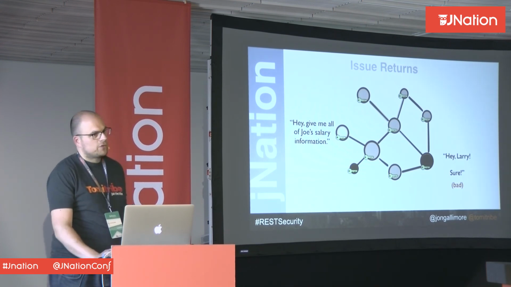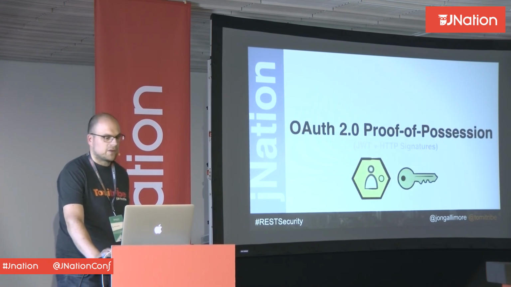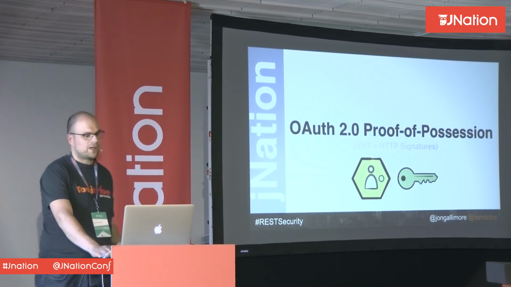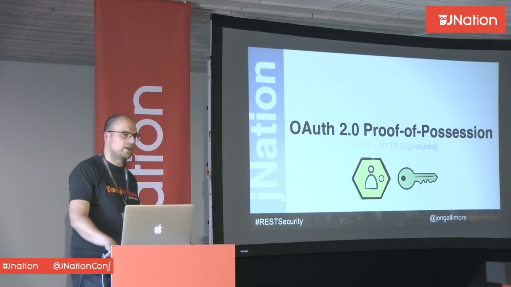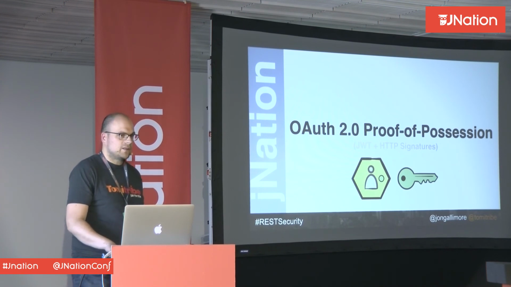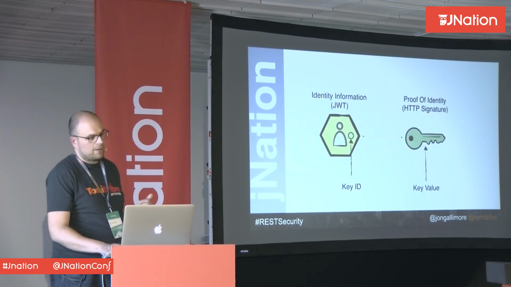But there is some new stuff going on in the OAuth 2 world. There's a specification called proof of possession, and this basically provides a way of distributing keys for HTTP signatures when you actually log in to get an access token.